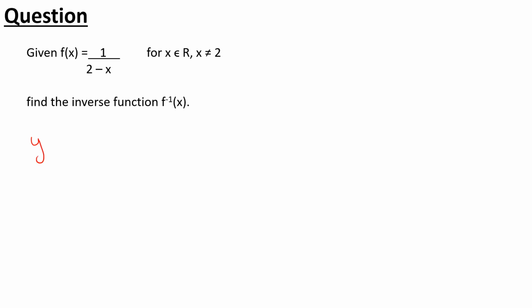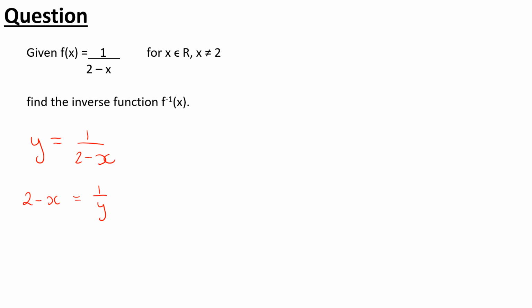Step 1, put y equal to 1 over 2 minus x. And then step 2, rearrange it, jig it all around to get x on its own. So you could start off by taking the 2 minus x to the left, the y to the right.